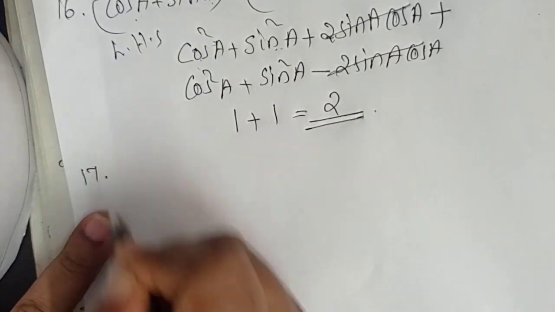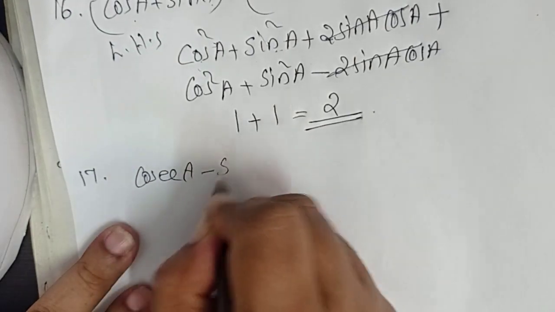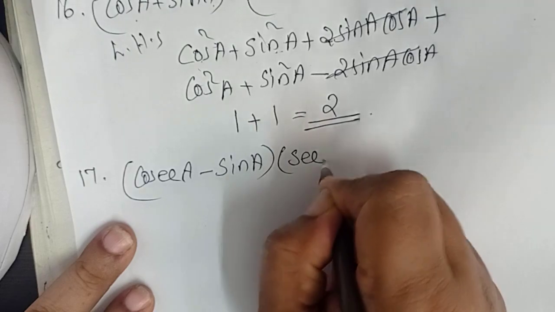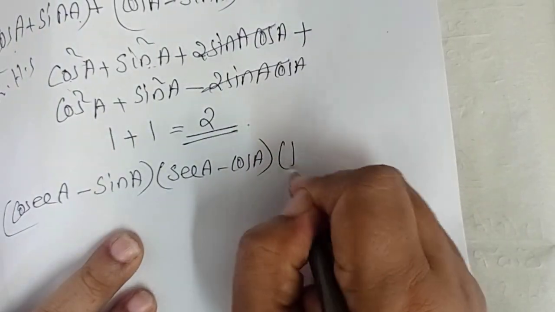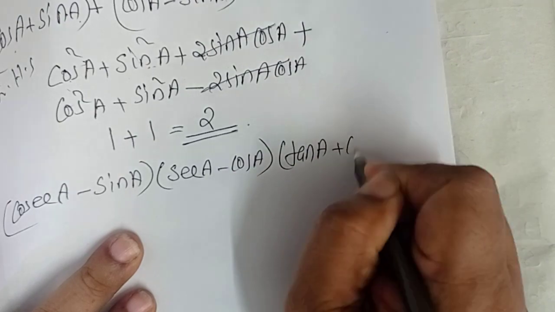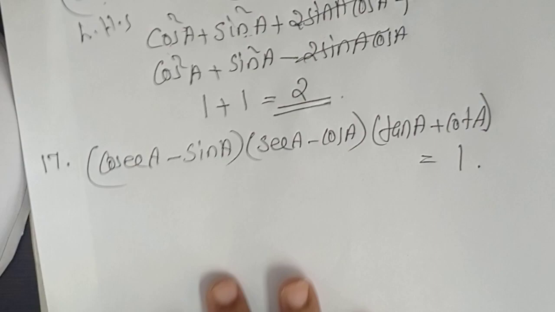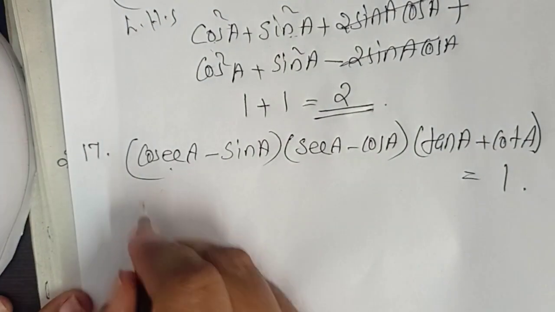17th question. Cosec A minus sin A into sec A minus cos A into tan A plus cot A equal to 1. How can you write cosec A?